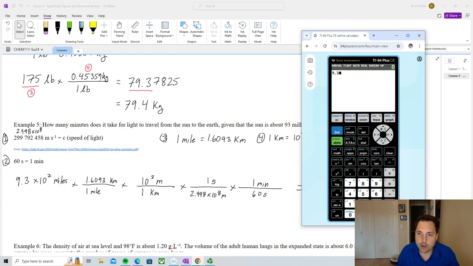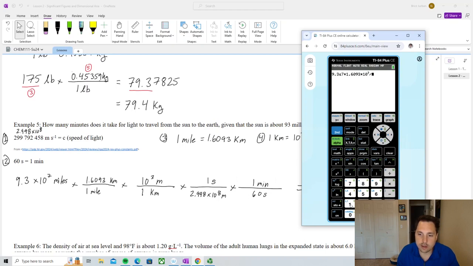So what I would do is I would write this all in scientific notation. So 9.3 times 10 to the 7th. And then I'm going to multiply it by 1.6093. Now I'm going to multiply all the numbers that are on top. So the next number is 10 to the 3rd. And then anything that's on the bottom I need to divide.